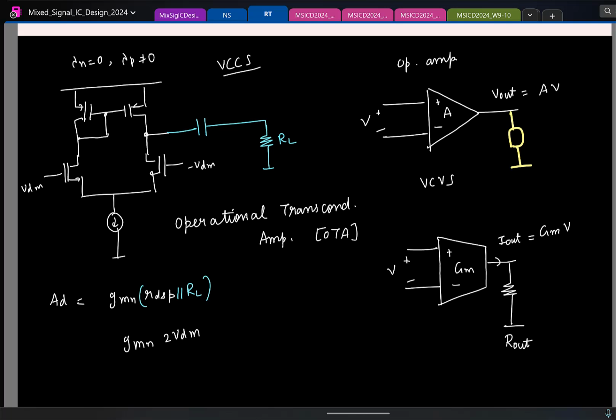So here I am trying to find the GM, which means I should somehow measure this current. The simplest way to measure the current is to make it pass through a short circuit so that all the current is extracted, and then you find the current divided by the applied voltage, that gives the GM. So basically we define GM as Iout by the applied voltage.